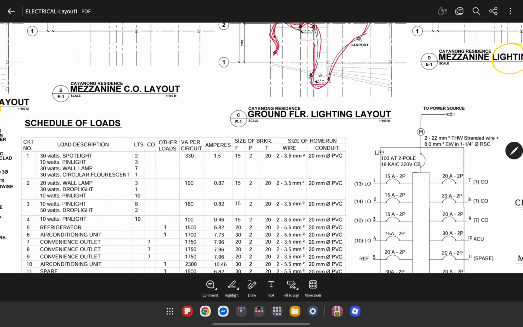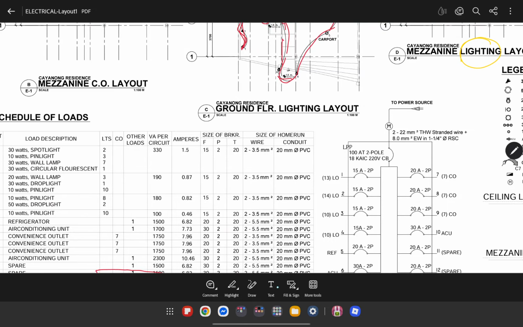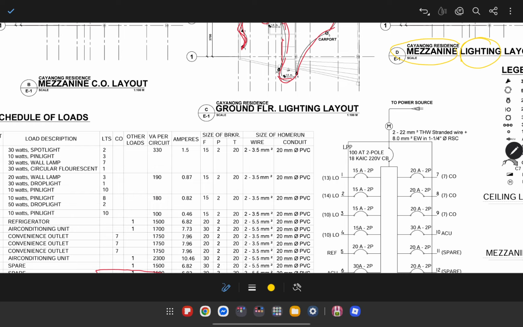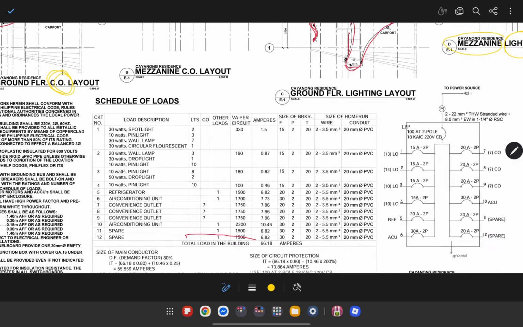And then also take note of the lighting layout for both ground floor and mezzanine.